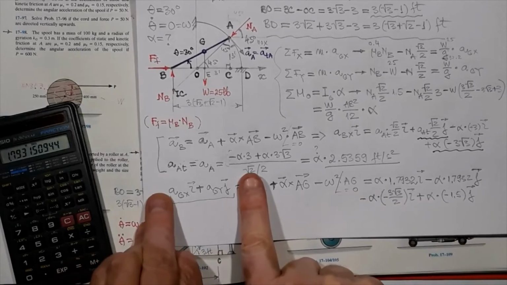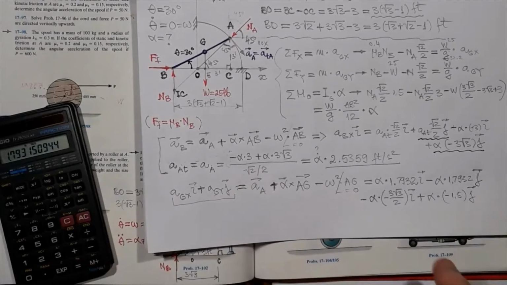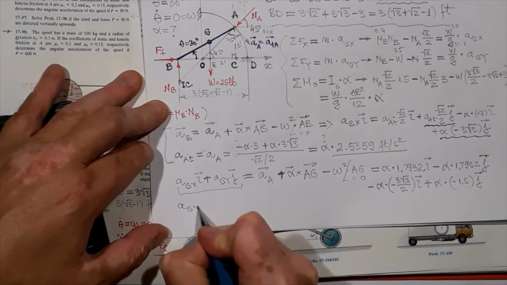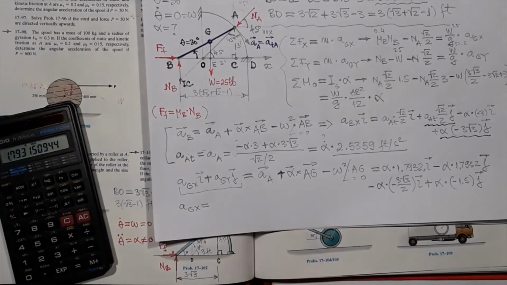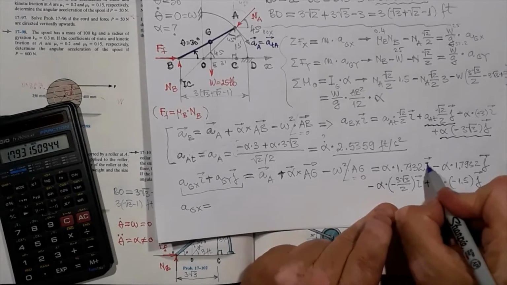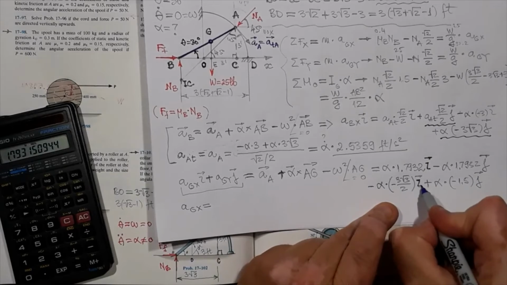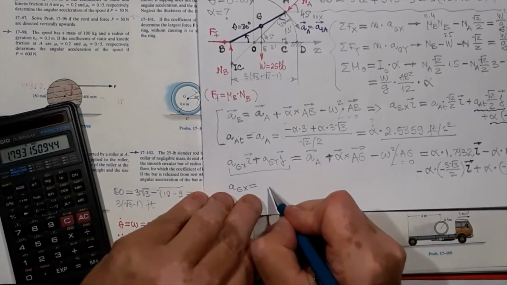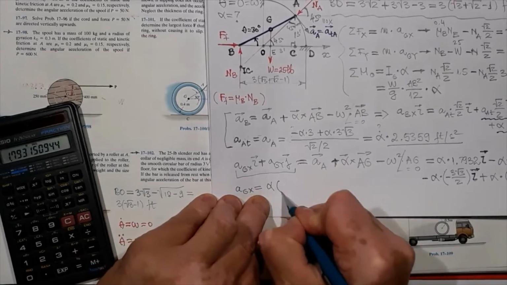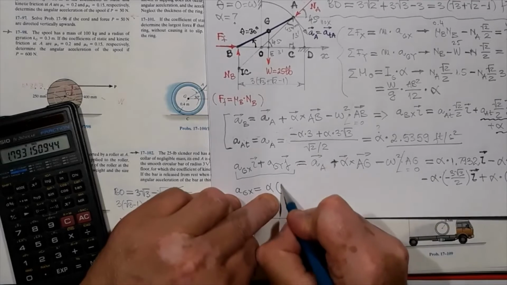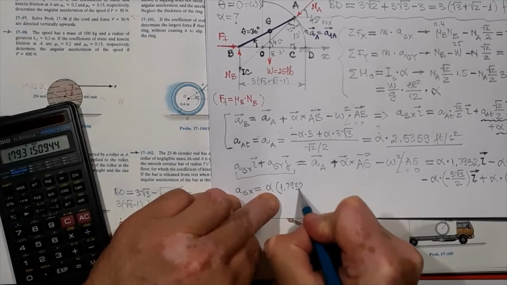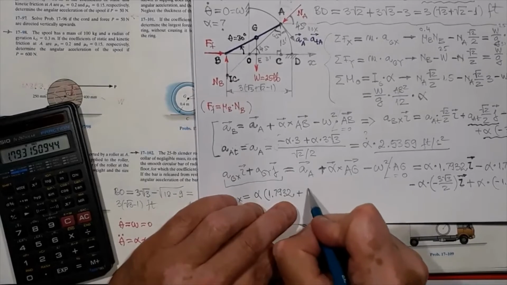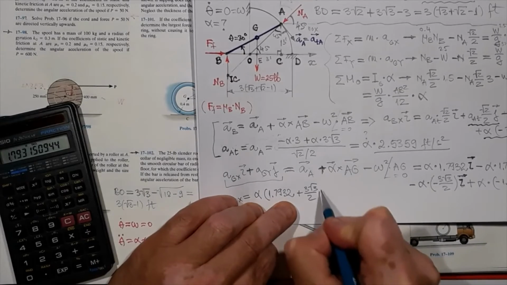Okay, so I'm looking here, and I'm looking here. So we have the acceleration of the center of mass in the x direction. It's taking this component and this component. So it's going to be alpha times 1.7932 plus 3 square root of 3 over 2.